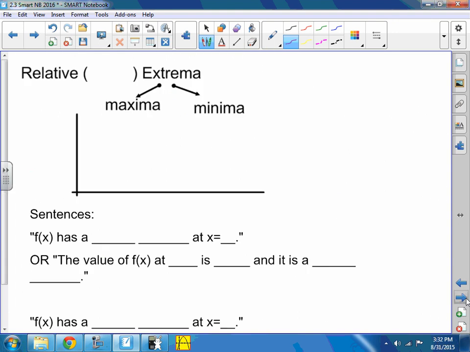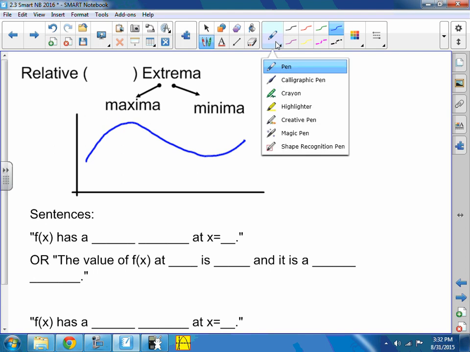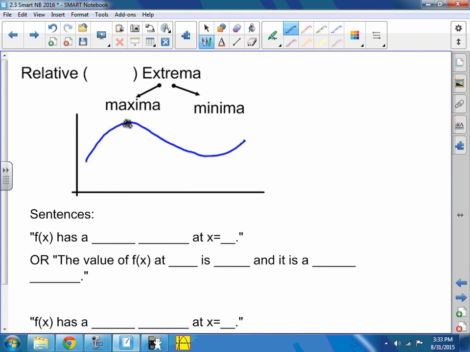Now, if your graph goes from increasing to decreasing or decreasing to increasing, you're going to get what we call a minimum or maximum point, actually in reverse order. So minimum, maximum. Okay, so I'll use a crayon for this. So this point here and this point here are a minimum and a maximum and a minimum respectively.